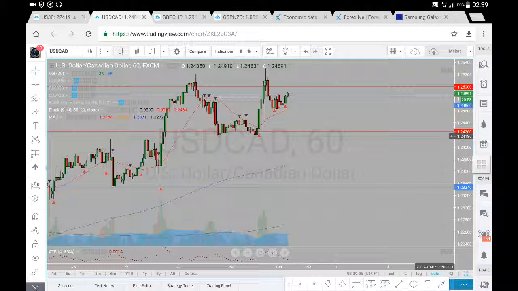The move in the Canadian dollar against the US dollar has been quite pronounced. So, as you can expect, the central bank has stepped in to rein in the market. Now, let's just see where we are.